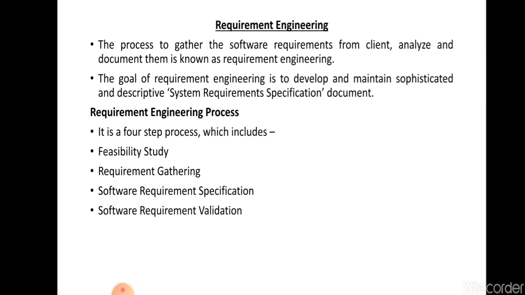That document is known as the software requirement specification document. There are 4 steps in the requirement engineering process: feasibility study, requirements gathering, software requirement specification, and software requirement validation.